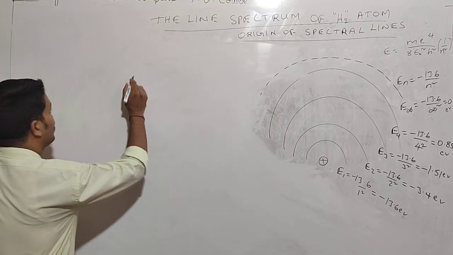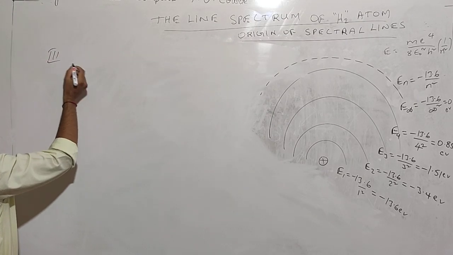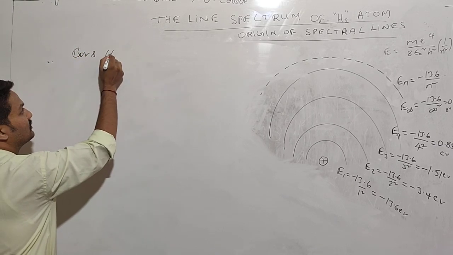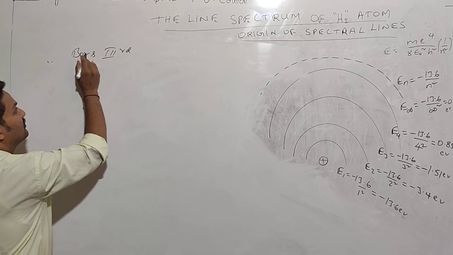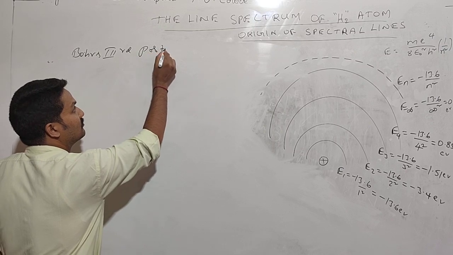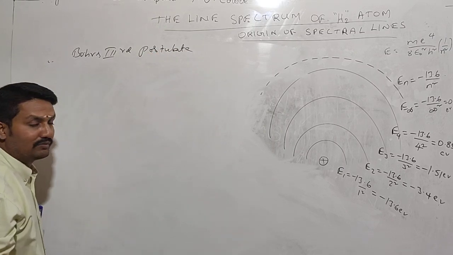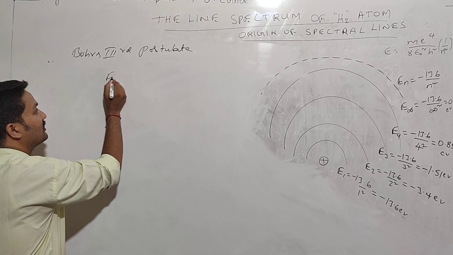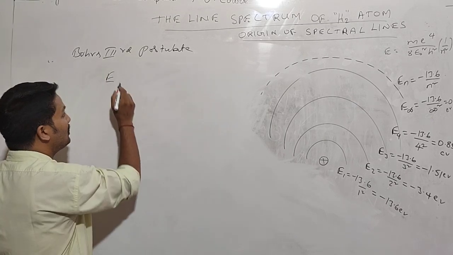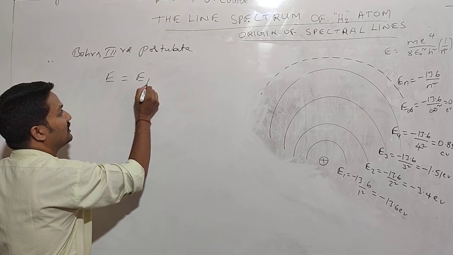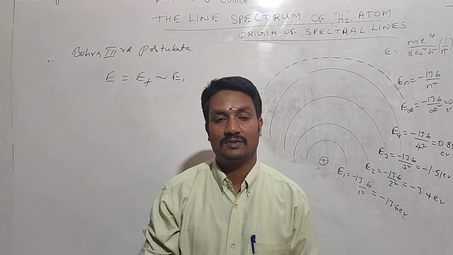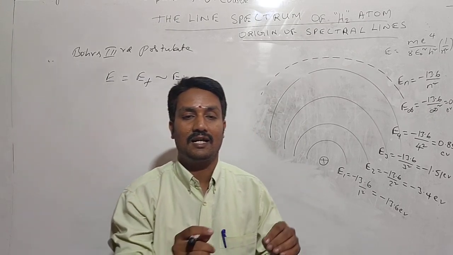Now, according to Bohr's third postulate, what do we come to know here? Whenever the electron transitions from a higher energy state to a lower energy state, how much energy is released?